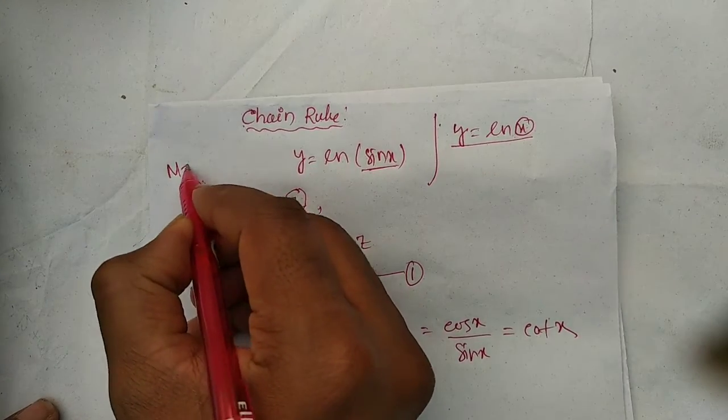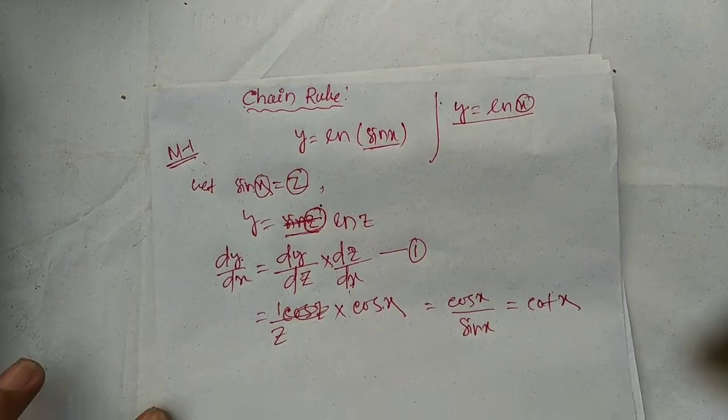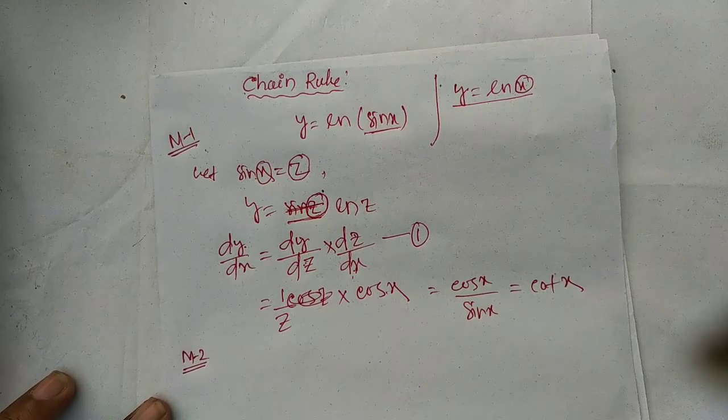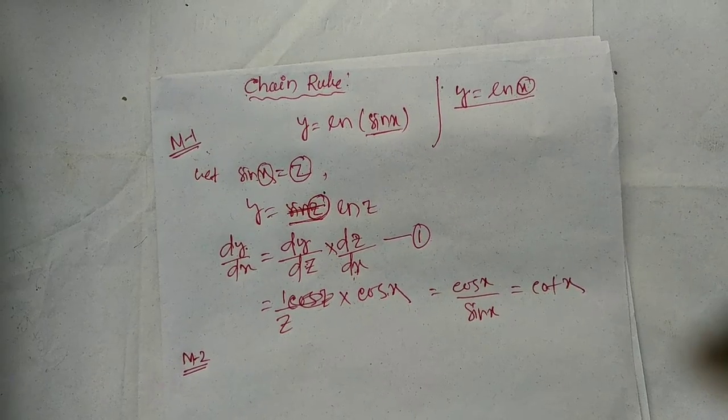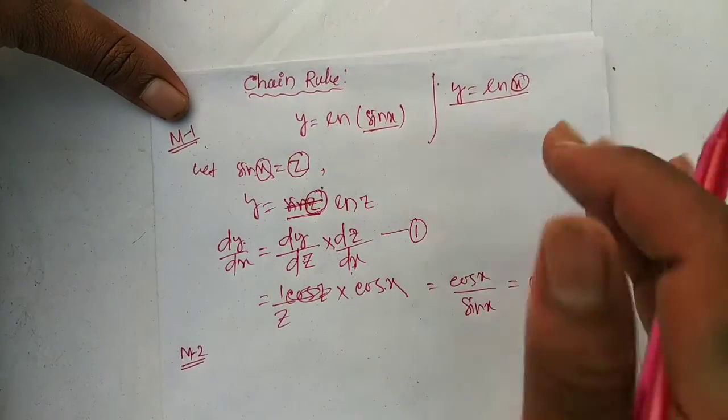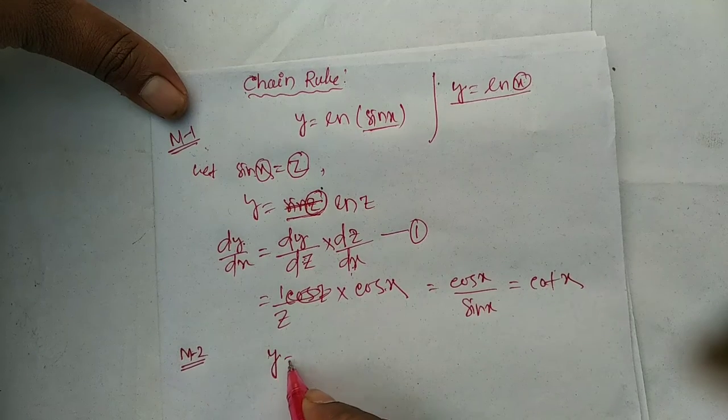This is method 1. In method 2, we have to find the derivative directly. How? Just observe. First write the function.